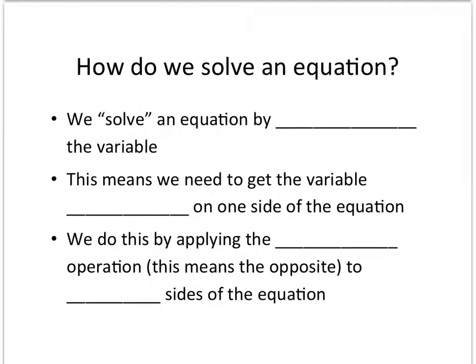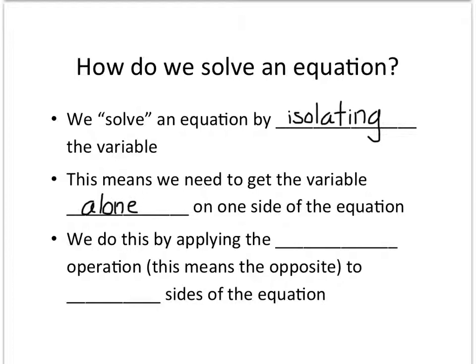So the question is, how do we solve it? Sometimes we can just look at the equation and know, but other times it might take a little bit more work. So we notice that we solve an equation by isolating the variable. And isolating sometimes can be misinterpreted, so we want to note that this means we need to get the variable alone or by itself on one side of the equation.